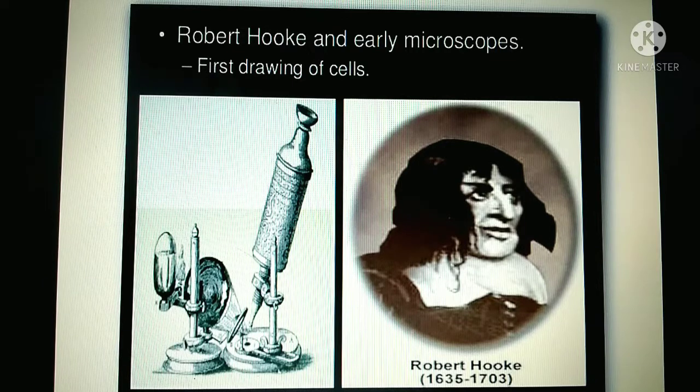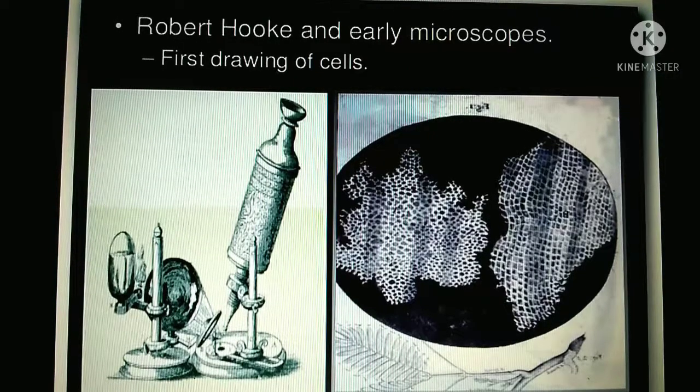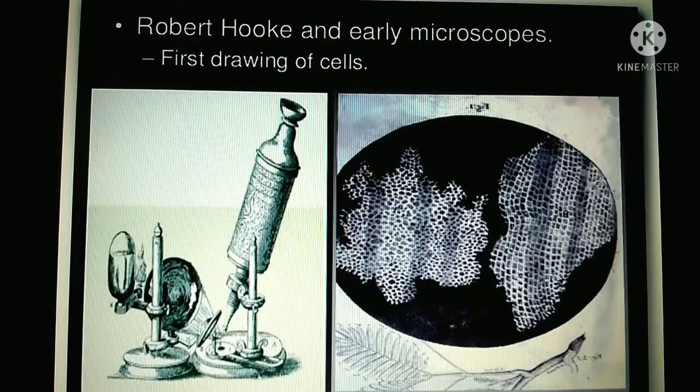He used cork, the bark of a tree, and observed it under a microscope, and he saw a structure that resembles a honeycomb. This honeycomb-like structure consisted of numerous compartments, and he called these compartments, or little rooms, cells, which is a Latin word.